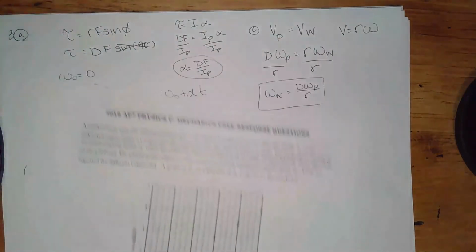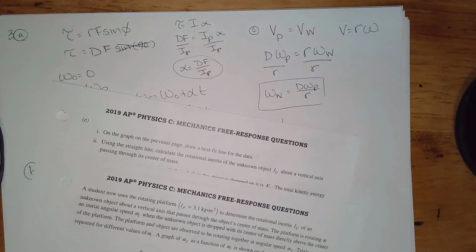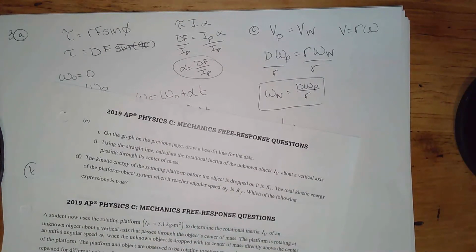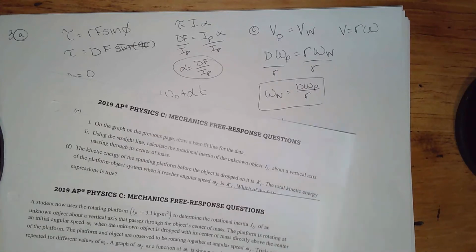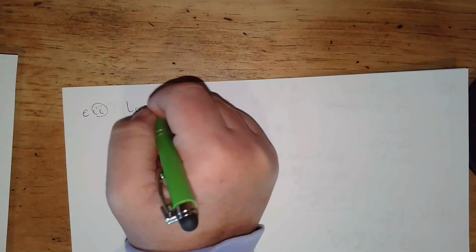All right. Now, using that straight line, we're going to calculate the rotational inertia of the unknown object. Oh boy. Okay, so I'm going to go back to what I just did, sort of. I know that angular momentum must be conserved.